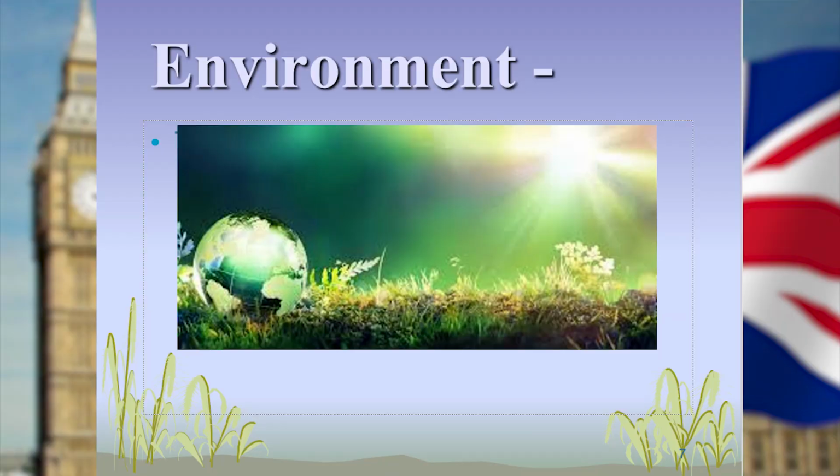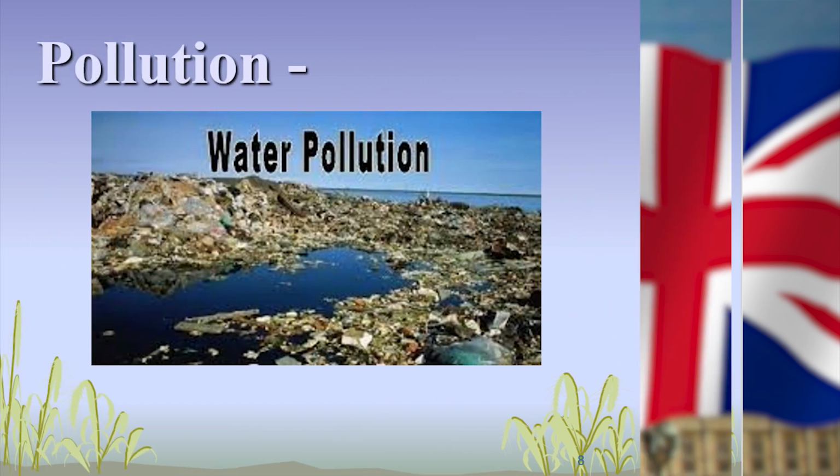The next word is environment. What is it? Look at the picture. The natural world in which people, animals and plants live. It is a habitat where we all, you and me and your parents live. It's our planet. Pollution.